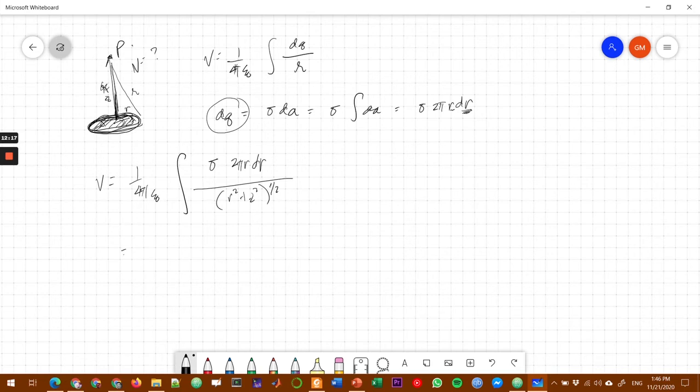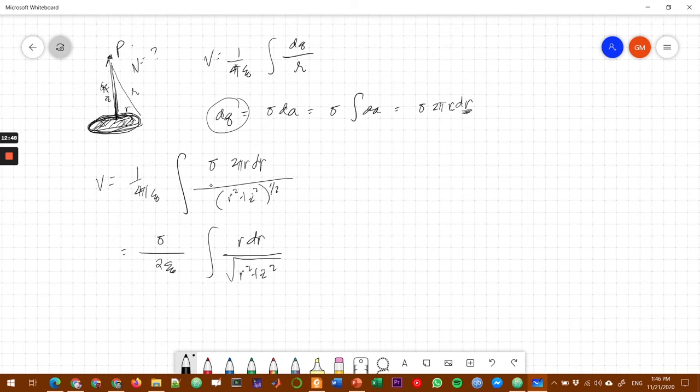So to integrate this, we simplify: the 2 pi cancels, and we have 1 over 2 epsilon naught, with sigma outside, so we have sigma over 2 epsilon naught. Then we are left with r dr over the square root of r squared plus z squared.